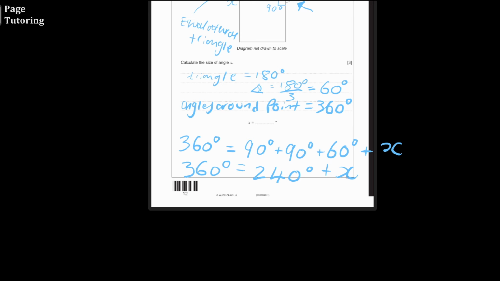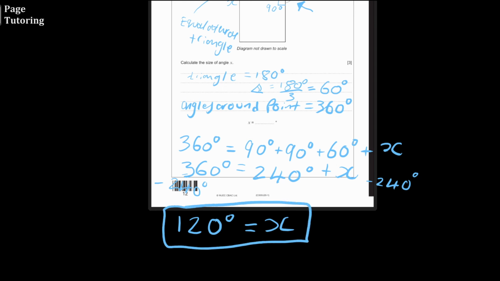You could work it out like that as a word problem, or you could solve this algebra. So we're going to take 240 from each side. There we go. 360 minus 240, that's just 120, equal to x. That's it. You've solved it. So now we're just going to write this here, 120. And that is the end of question 9.